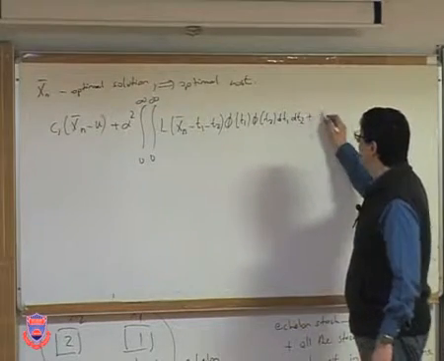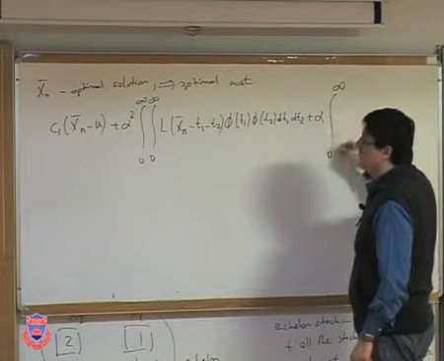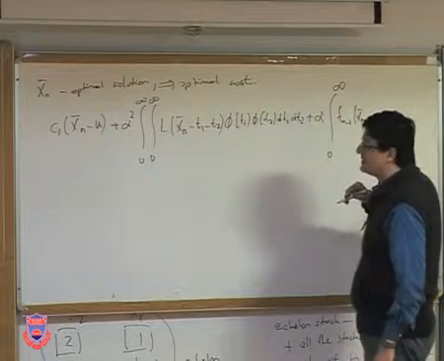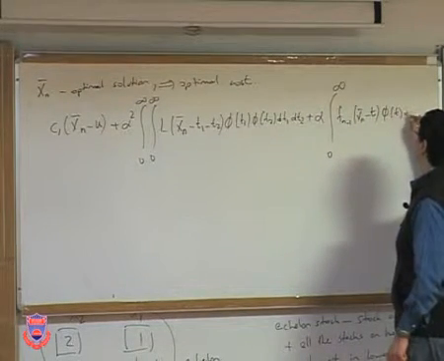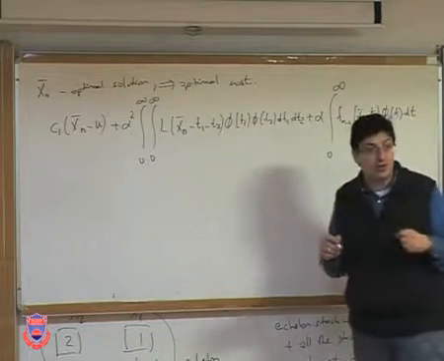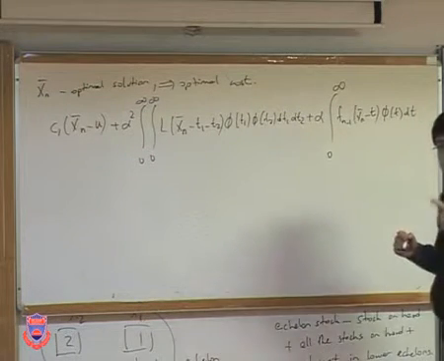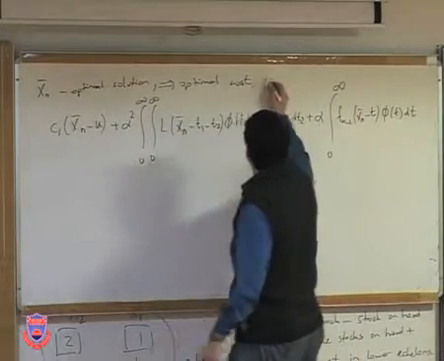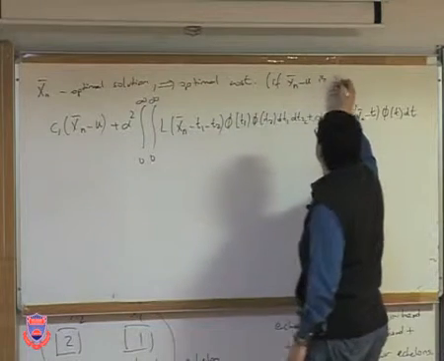And then I'm going to have alpha from 0 to infinity of f_{n-1} of x_n bar minus t, phi of t dt. So this is going to be the cost if it is available. Of course, this is only true if x_n bar minus u is supplied.